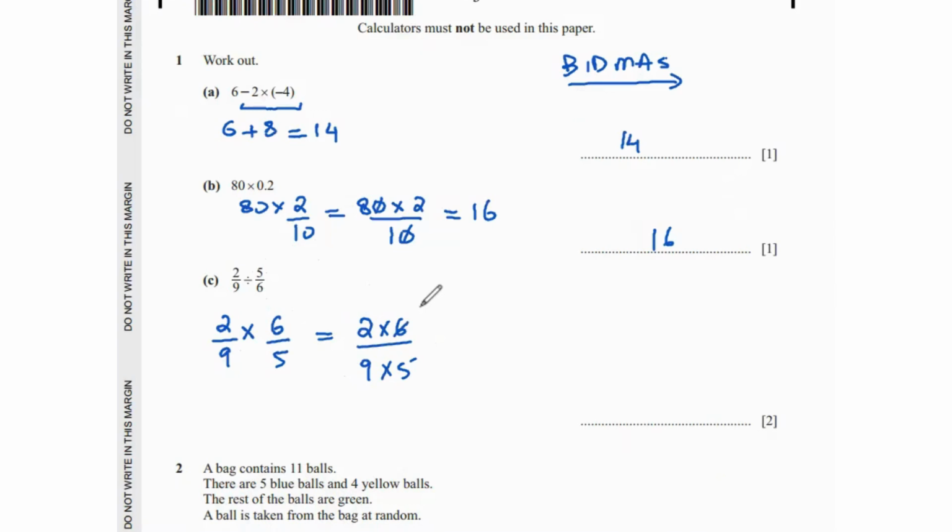So 6 divided by 3 is 2 and 9 divided by 3 is 3. 2 times 2 is 4 and 3 times 5 is 15. Since we cannot simplify it further, we leave it as it is. If you want to give the answer as 12 over 45, that is also correct because the question hasn't asked us to simplify it. So either way, your answer will be correct.